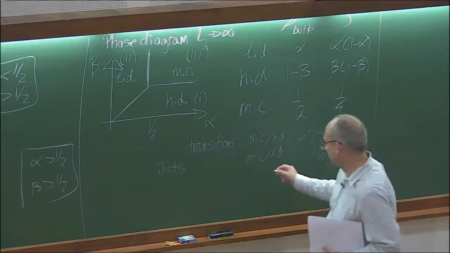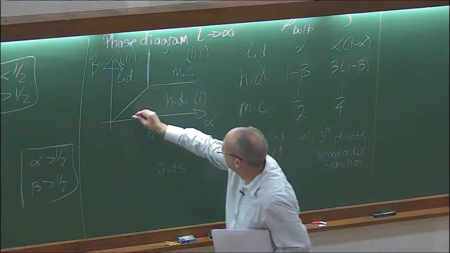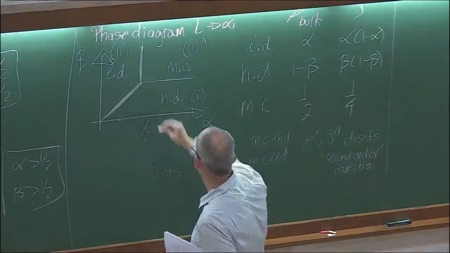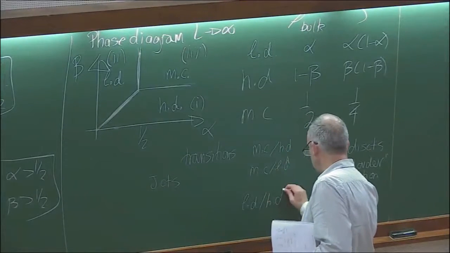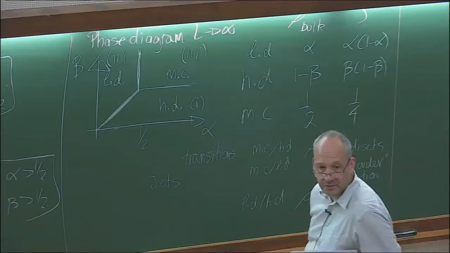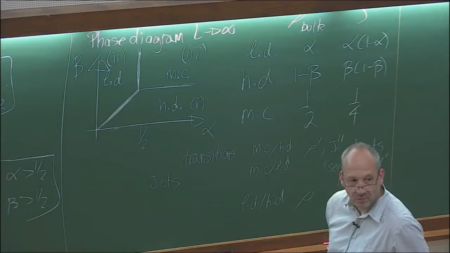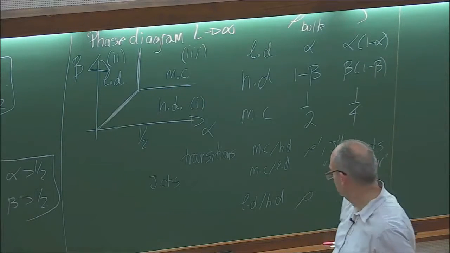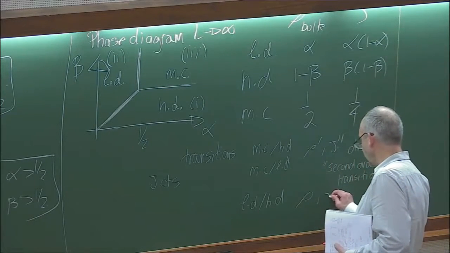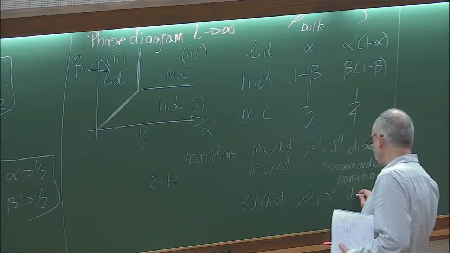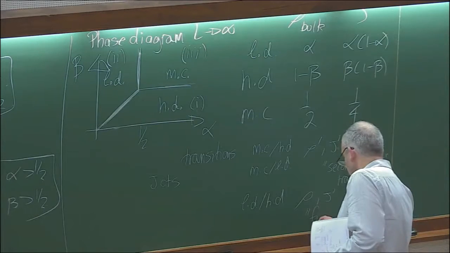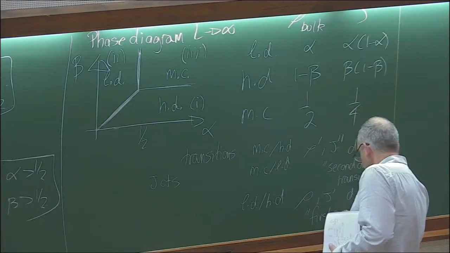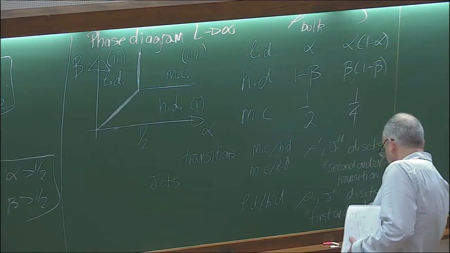Because rho, the density, is continuous. On the other hand, on this line here, which separates the low density and high density phases, the density itself is discontinuous, which is kind of interesting. And it's the first derivative of J that's discontinuous. So we say that this is a first order transition.